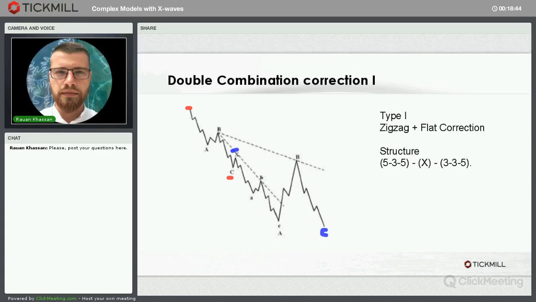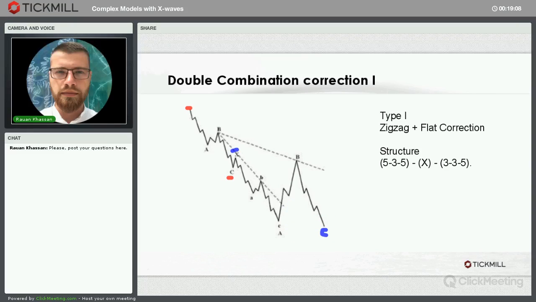Just as a reminder, you see that wave A has a 3-wave structure, so at first you may think that instead of a double combination you are having a double zigzag outcome.